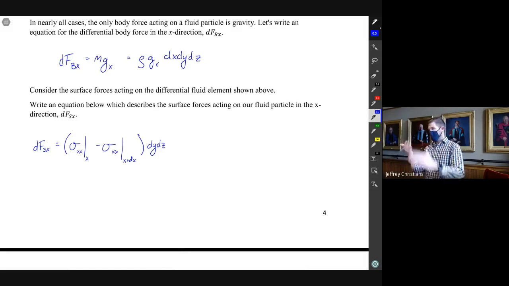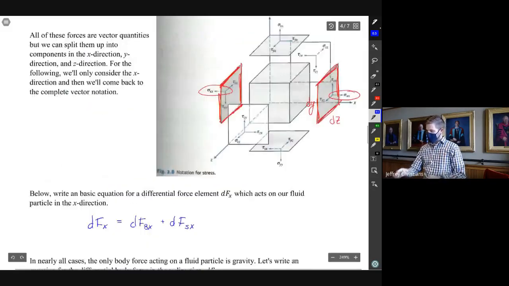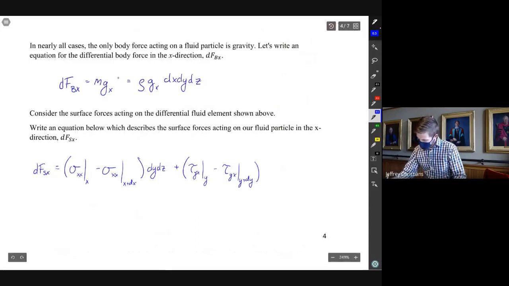Now we have to add the top and the bottom. That's tau yx evaluated at y at the bottom minus tau yx evaluated at y plus dy, times the top and bottom area, which is dx dz.